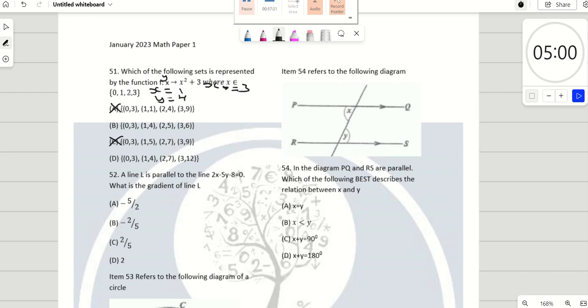That's 3 squared, that is 9 plus 2. Hold on. Oh, I missed out 3. 9 plus 3 is 12. So when x is 3, y is equal to 12. So you're looking for 3, 12. That is D. So B is not your answer. So D would be your answer. You are putting your x values in your equation to get your y values, and you're looking for the pairs. So the answer in this question is D.